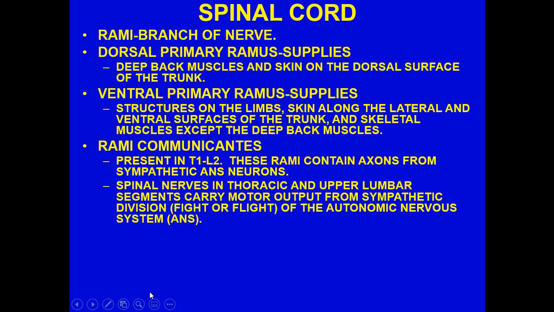As I mentioned to you before, rami is a branch of a nerve. We're going to go through some of these rami that are extremely important. The dorsal primary ramus supplies the deep back muscles and skin on the dorsal surface of the trunk, so on your back, okay?